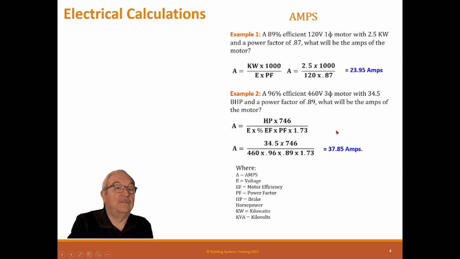Now, if you'll notice, this is a bigger motor. One thing about motor efficiencies: the bigger the motor, the higher the efficiency normally. So you can be up to 97% efficiencies on bigger motors, 98% on a big motor, but never on a little motor. Little motor efficiencies get terrible.